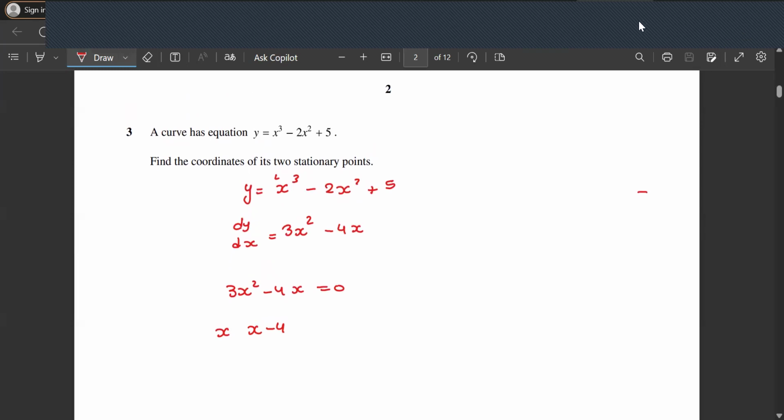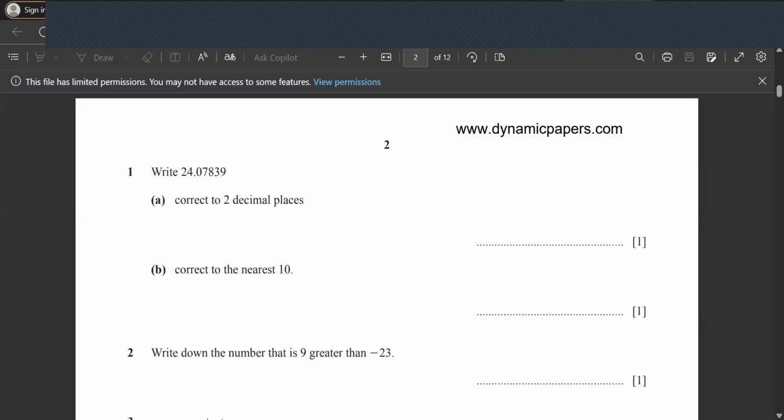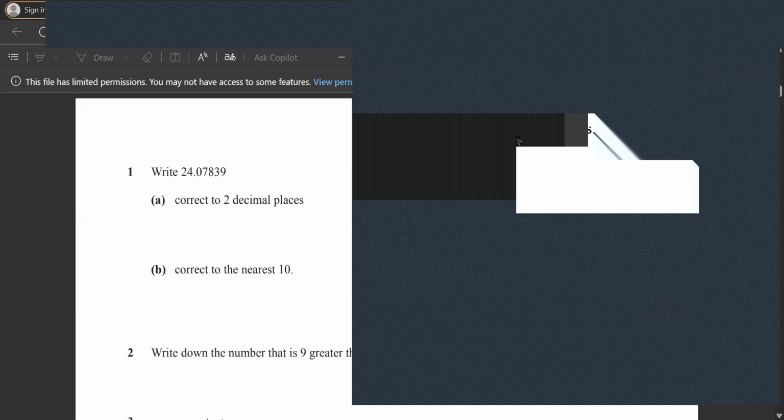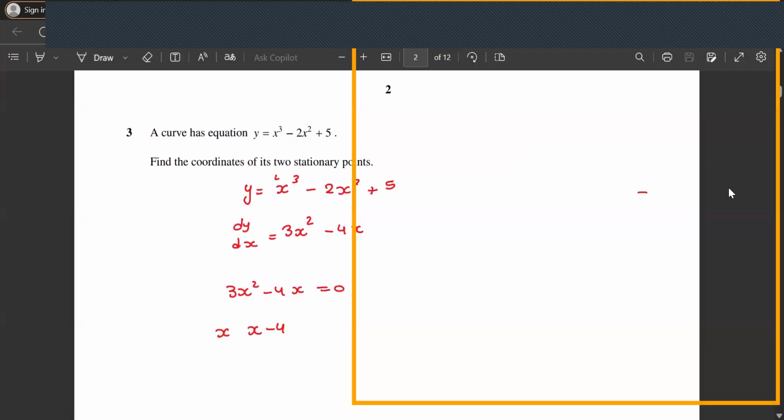Let me open this file again. Okay, so 3x minus 4 equals 0.